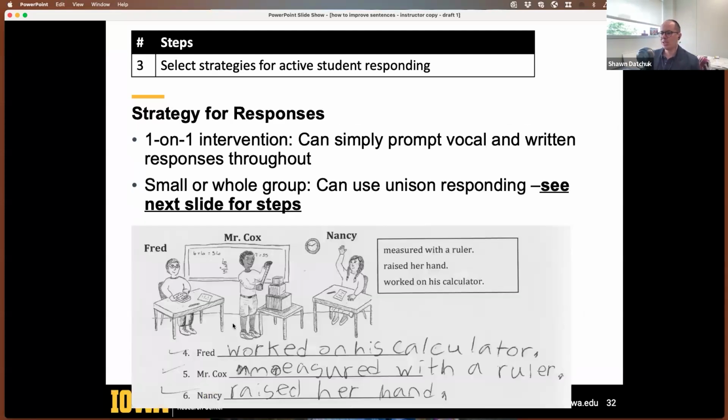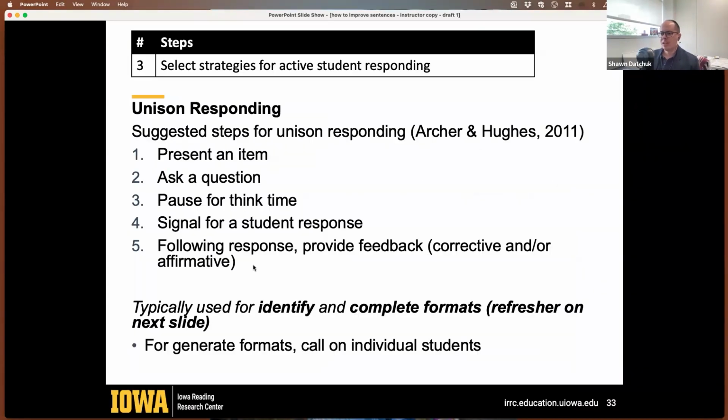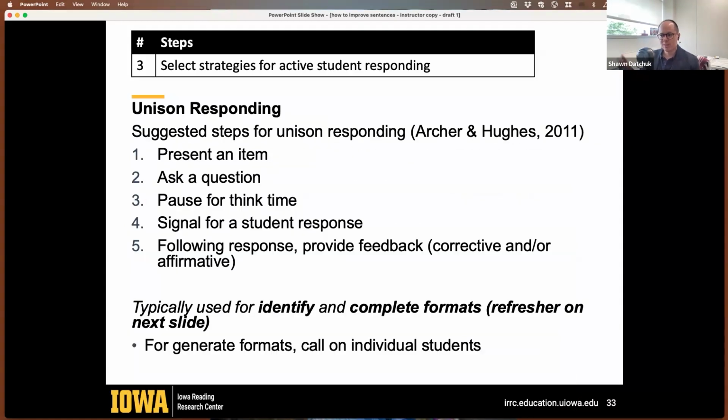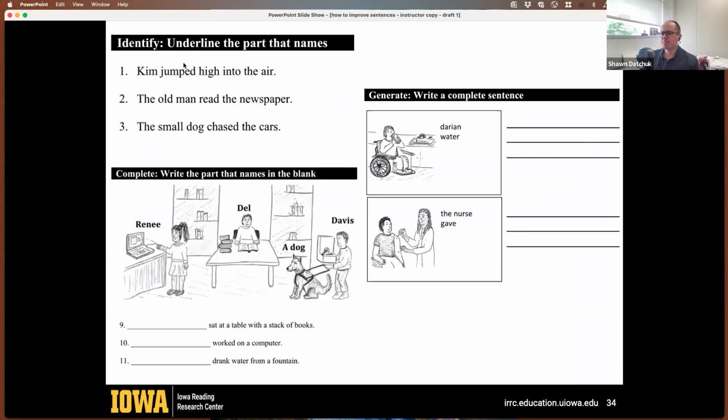So let's say you present this, Frank blank, and you need to find the part that tells more about Fred. You ask a question: tell me more about Fred. You pause for think time, then you signal for student response, and following the response, you provide some sort of feedback.